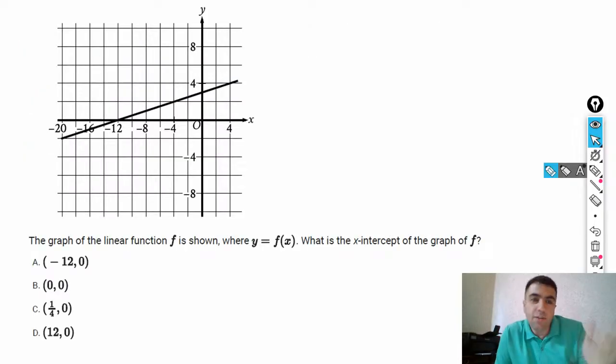And the graph question. The graph of the linear function f is shown where y is equal to f of x. What's the x-intercept of the graph of f?